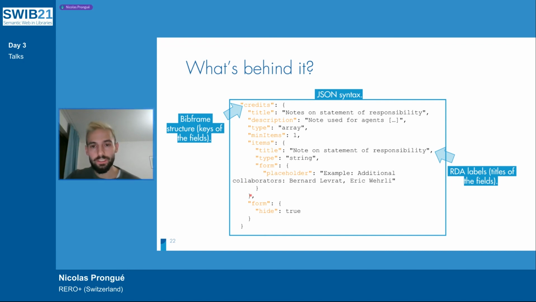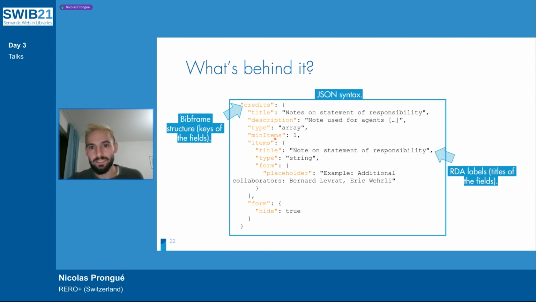Concretely, here you see what the JSON schema looks like. It uses a JSON syntax. The field names, the field keys, use the Bibframe structure. For example, here we have the field credits, which comes directly from the Bibframe ontology. And lastly, we use RDA labels to be displayed in the interface because we don't want to disturb our users with the Bibframe names.